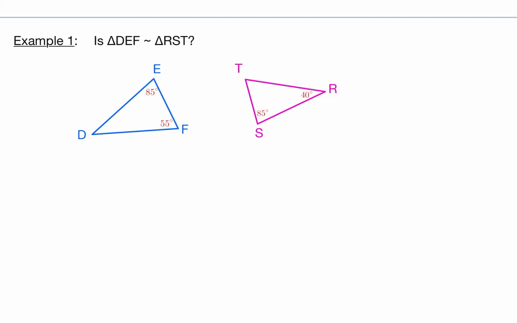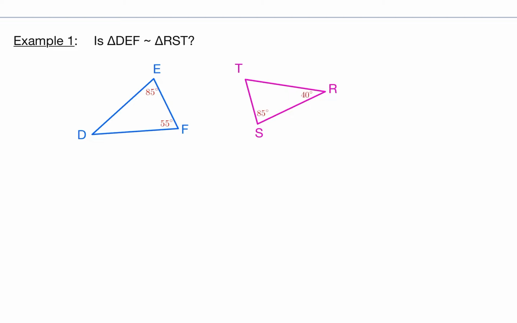So we have one set, angle E and angle S, they're equal to each other. So that takes care of one set. Now we have to find a second set. Well, you see that angle F is 55 degrees, but angle R is 40 degrees. They're not equal to each other, so we would easily conclude that these triangles are not similar.